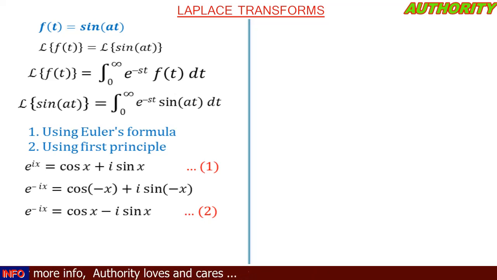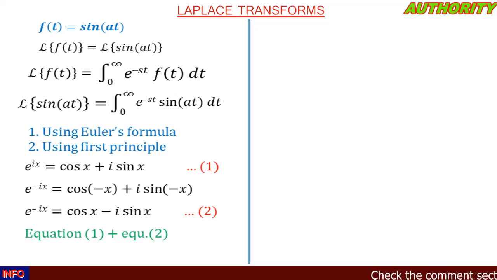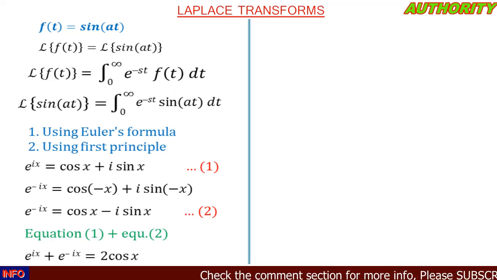And the first one, e raised to the power of ix equals cos x plus i sine x, let's call equation 1. Look at these two equations very well. When you add equation 1 plus equation 2, we have e raised to the power of ix plus e raised to the power of minus ix.